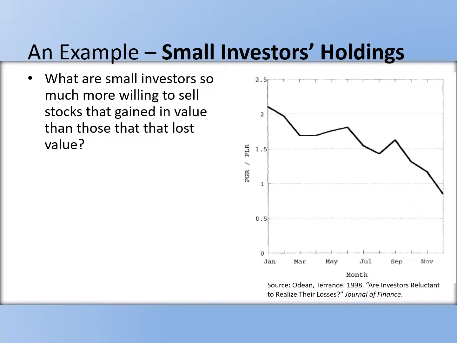Because if you think about this problem carefully, it's not obvious that you would expect a lot of selling at a gain versus a loss, right? Based on the two scenarios I've presented you just now.